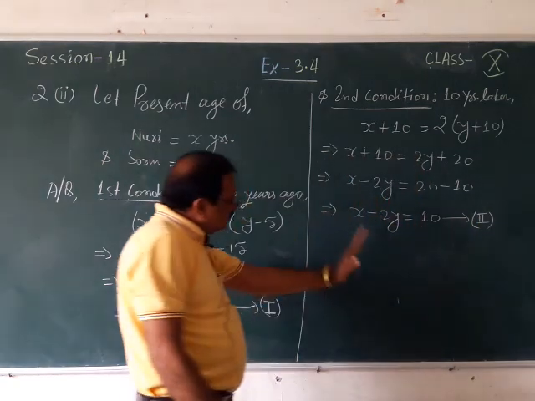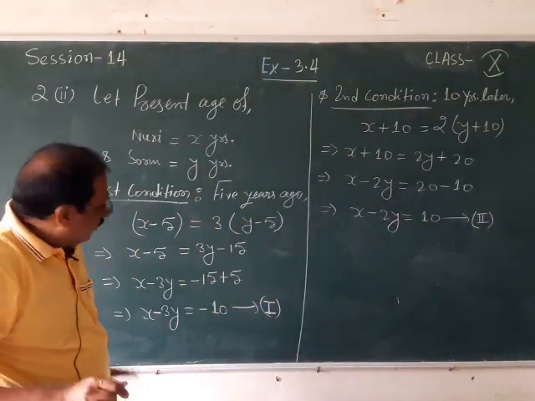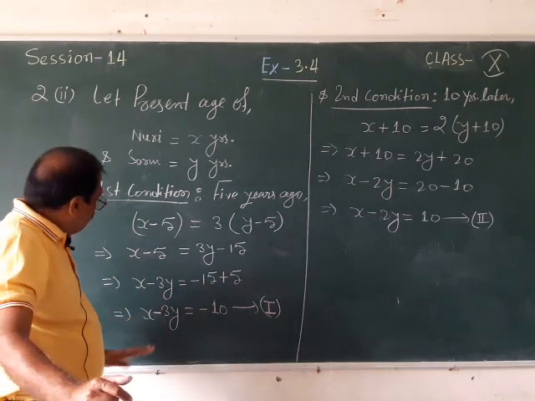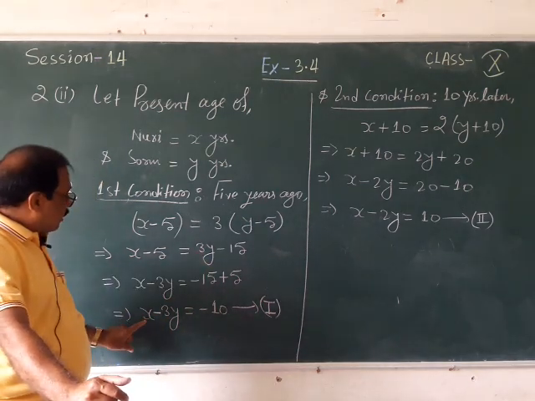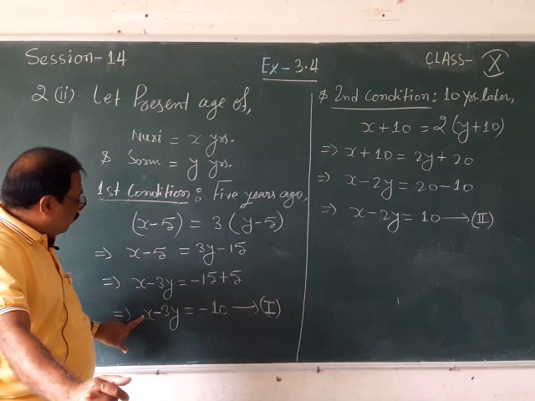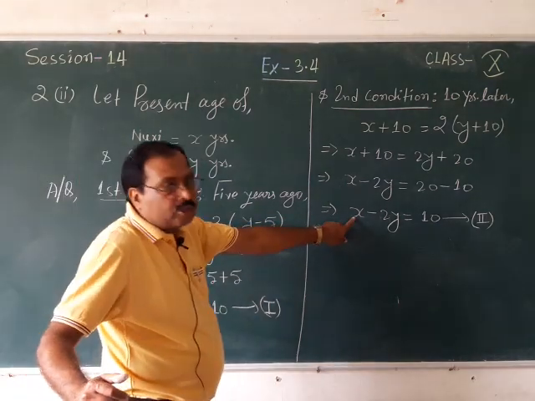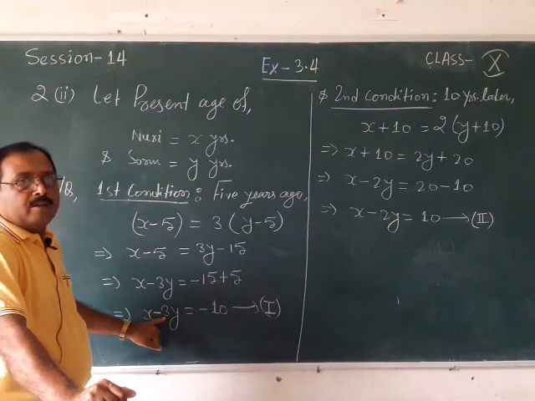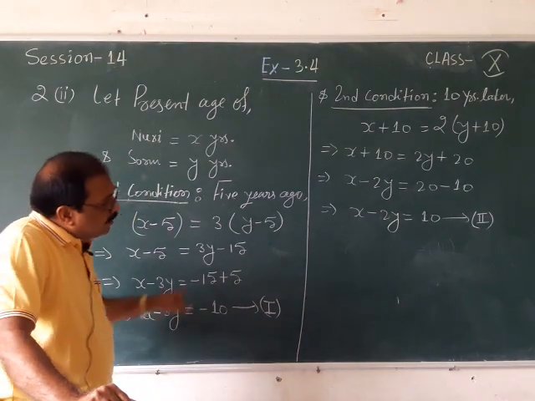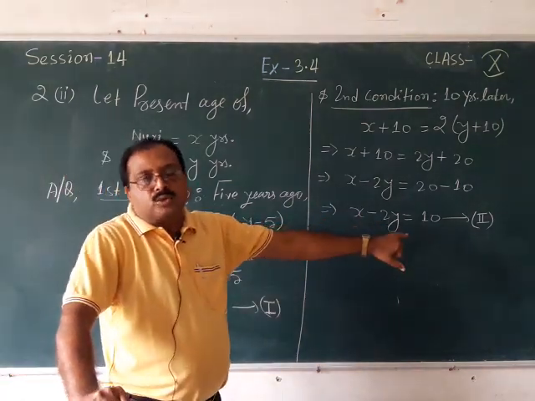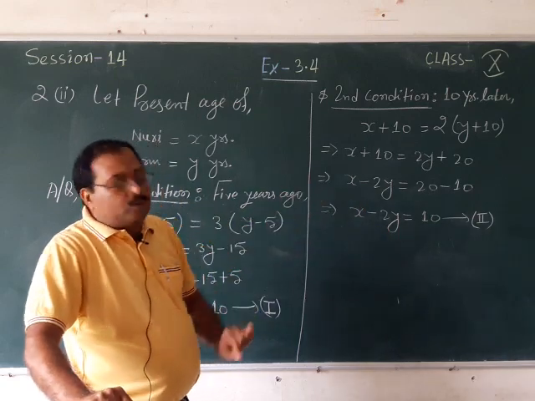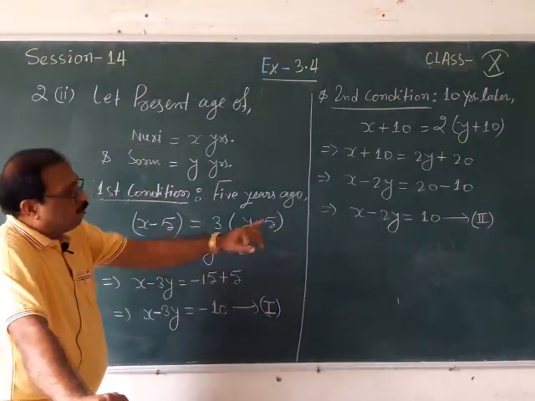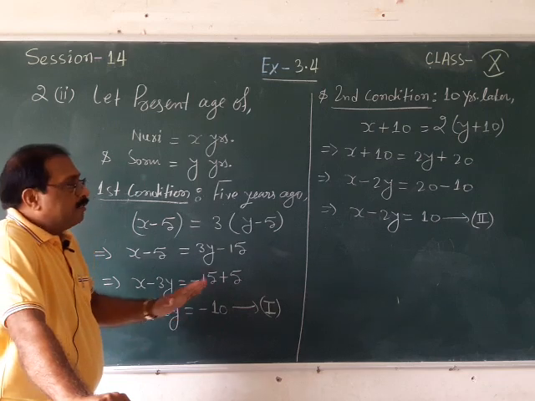Now look at these equations and think whether a solution is available or not. So I can check here, the value of a1 is 1 and the value of a2 is also 1. 1 by 1 means 1. Now the value of b1 is minus 3 and b2 is minus 2. So b1 by b2 becomes minus 3 upon minus 2, that means 3 by 2.